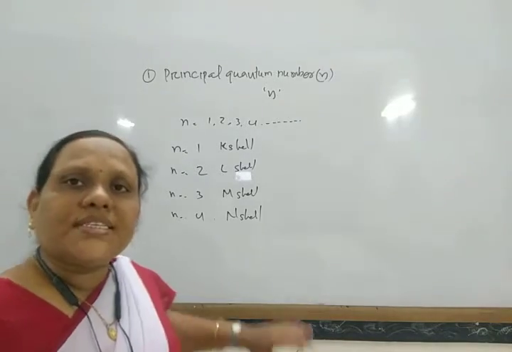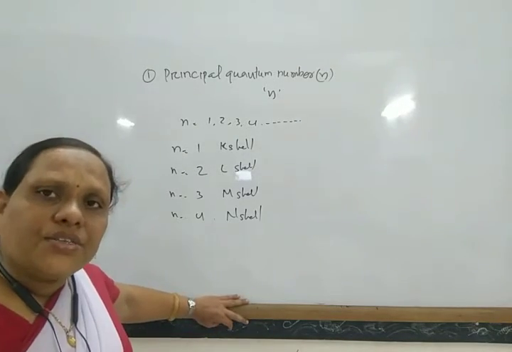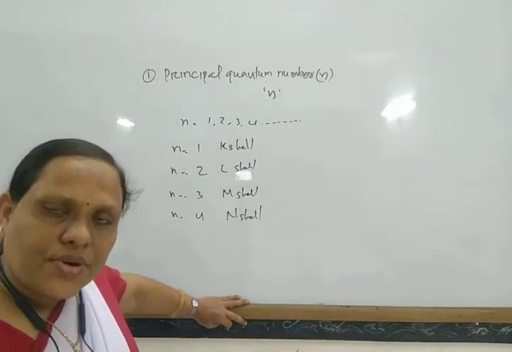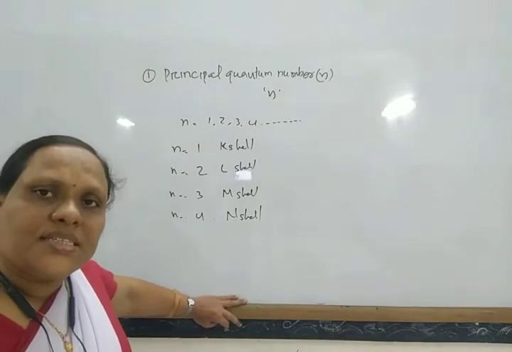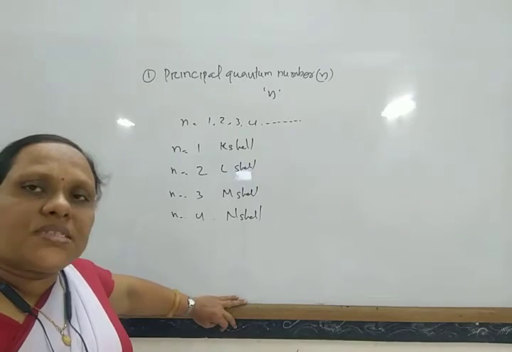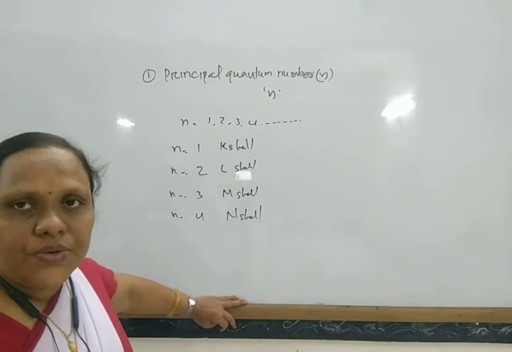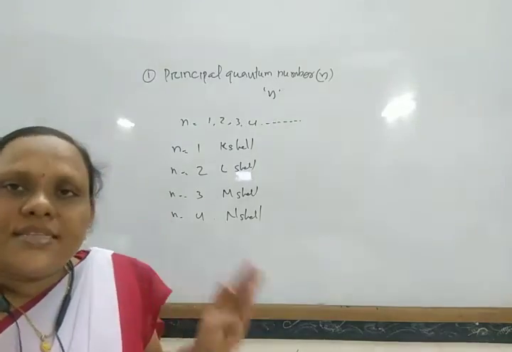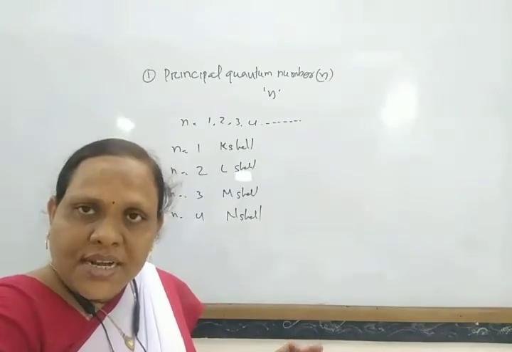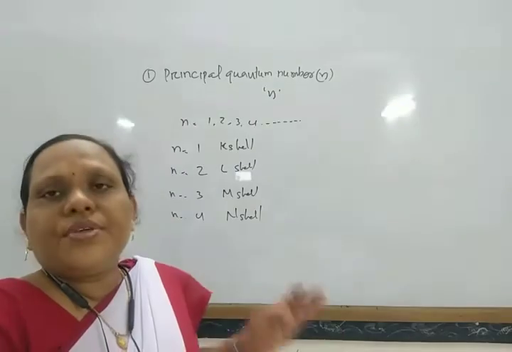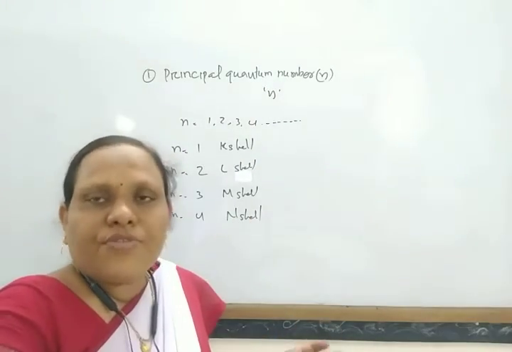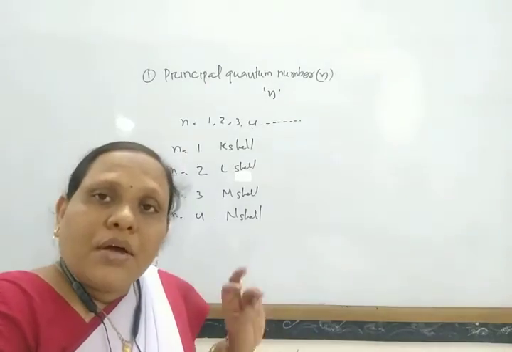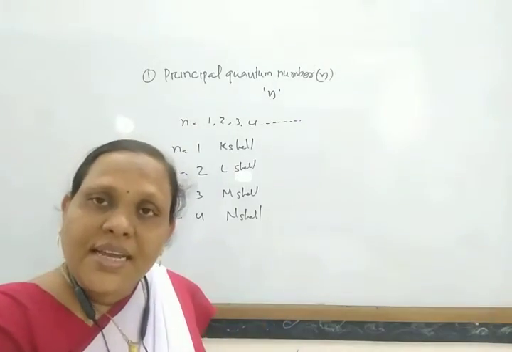And it also describes the distance of electron from the nucleus. It also describes what is the energy of electron. So this quantum number describes the energy cell in which the electron present, the energy of electron, the distance of the electron from the nucleus. It also describes how many number of electrons present in a cell.